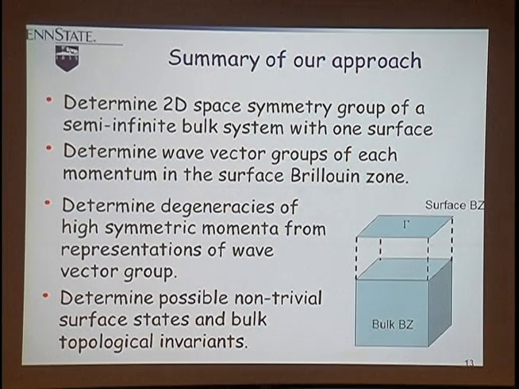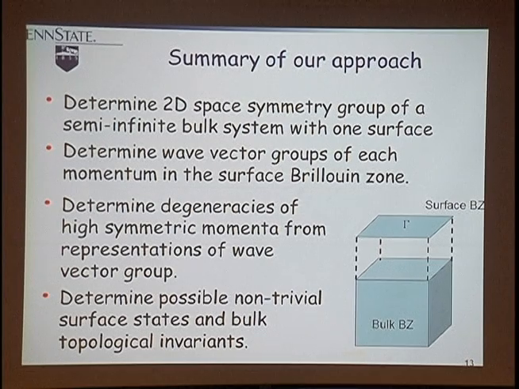This is known as the wave vector group. So we determine the wave vector group of each momentum, and we search for momenta whose wave vector group has a higher-dimensional irreducible representation, or more than one irreducible representation.